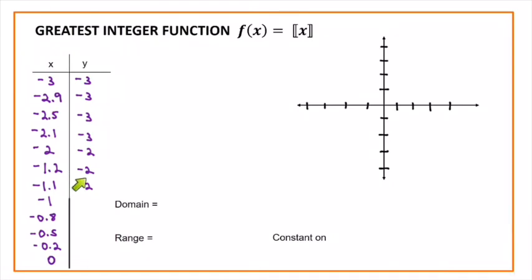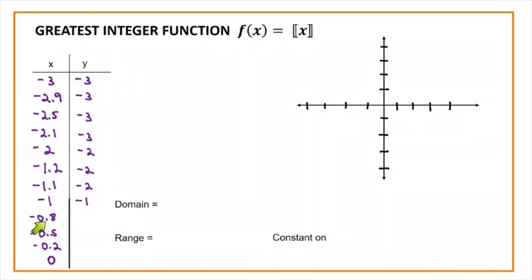So we get all these -2's here, and I've only done 3, but imagine if we had -1.009, -1.007, -1.000002. All of those y values would be -2, and it stays that way until we get to -1 exactly. And what's the largest integer that's less than or equal to -1? Well, of course, it's -1.